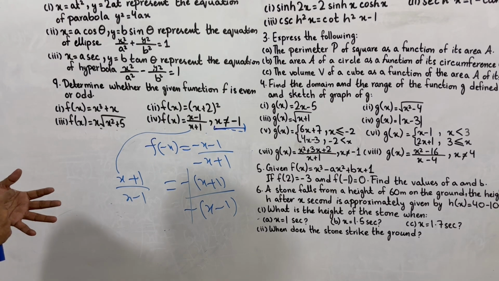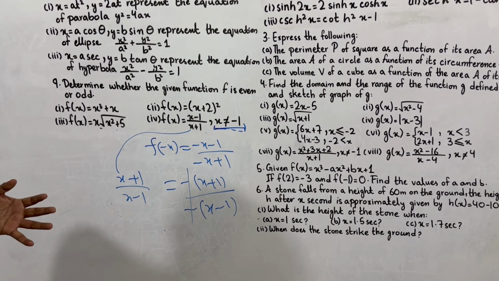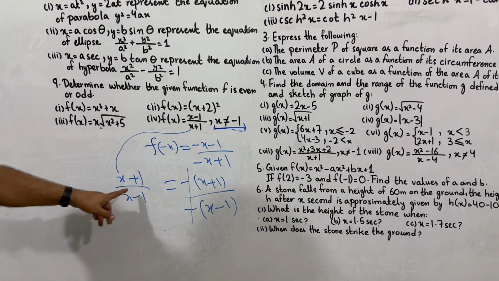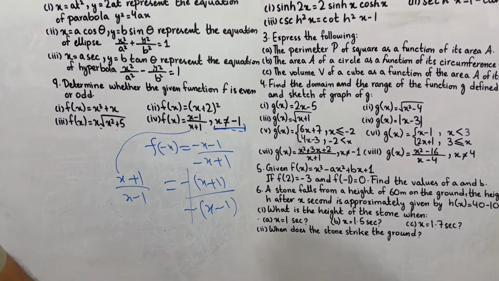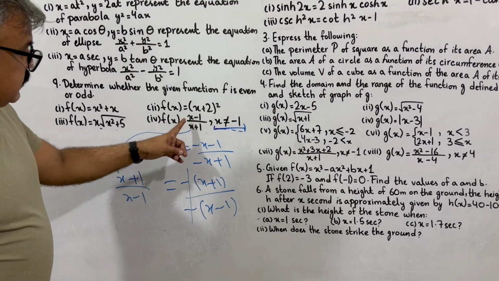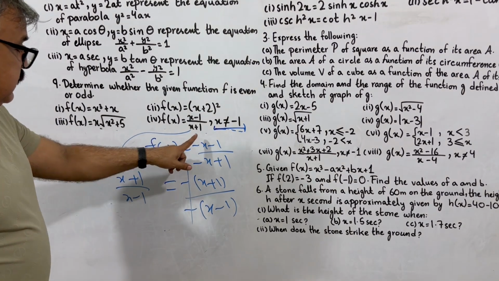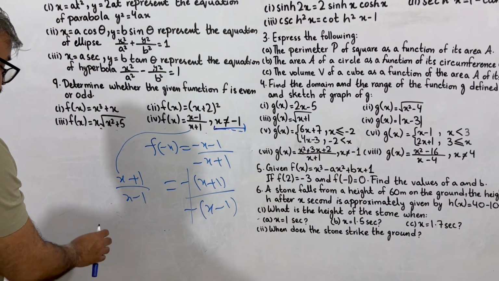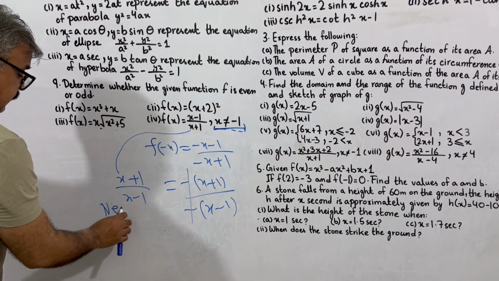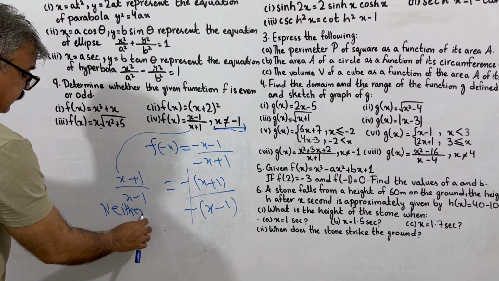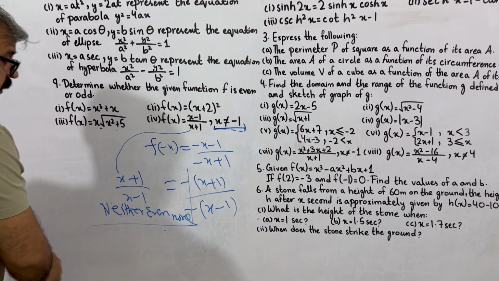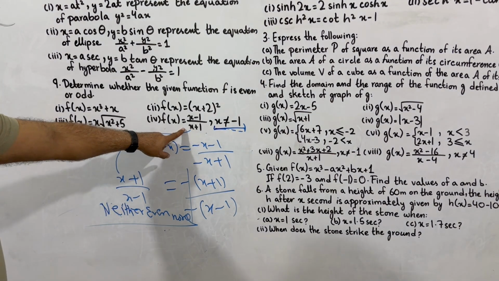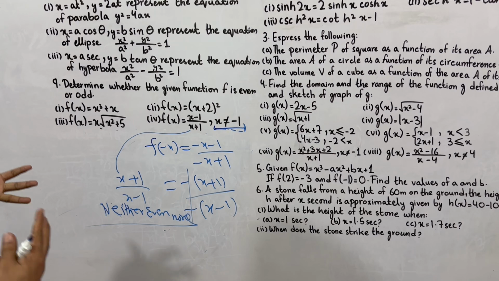Neither does the function remain the same, nor does the sign of the complete function change. There was x minus 1, now it is x plus 1. There was x plus 1, now it is x minus 1. So it is neither even nor odd. If everything remained the same, we would say that it is even.